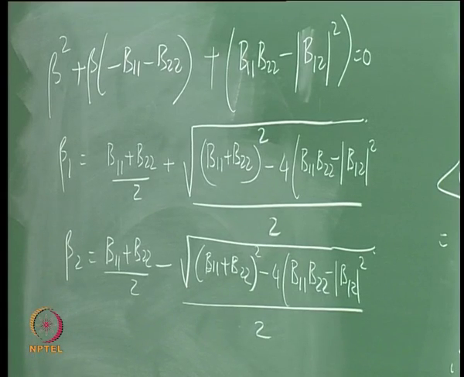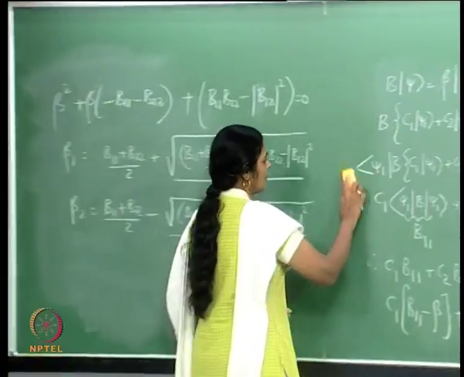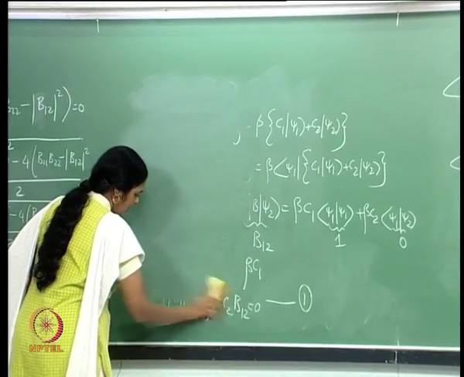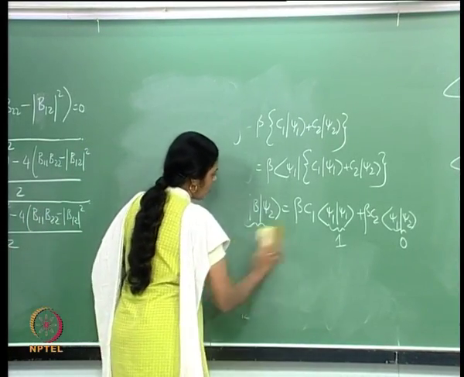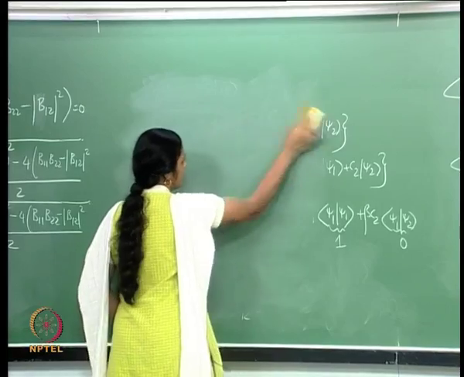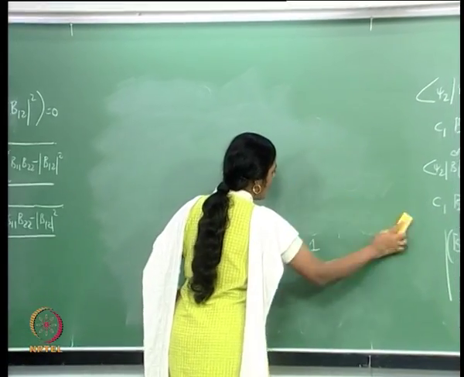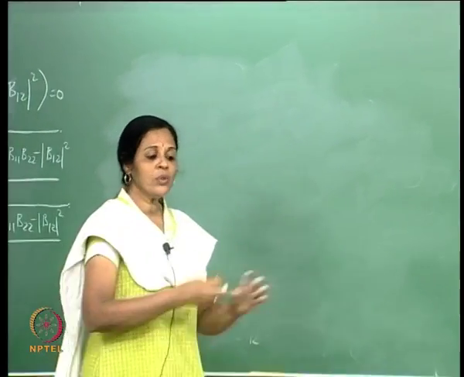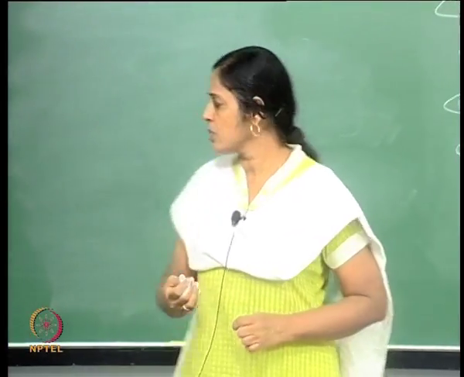I now have various cases to discuss. Recall that alpha was twofold degenerate, and we had A psi is alpha psi, where psi was C1 psi 1 plus C2 psi 2.